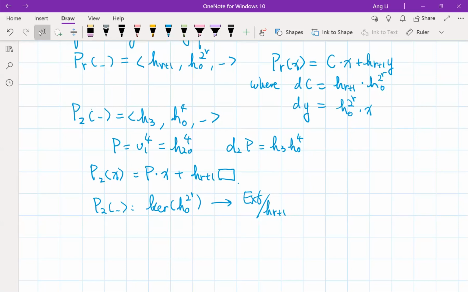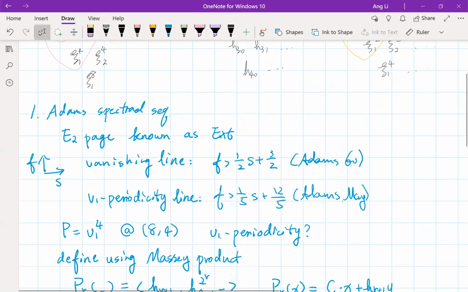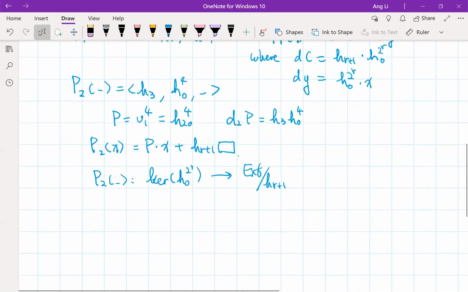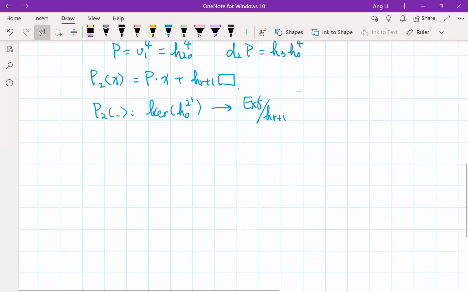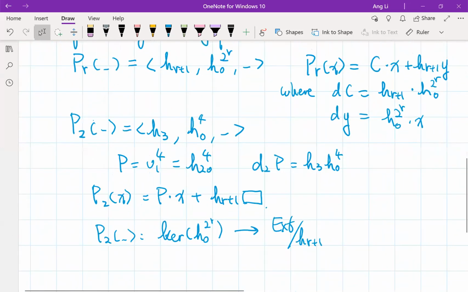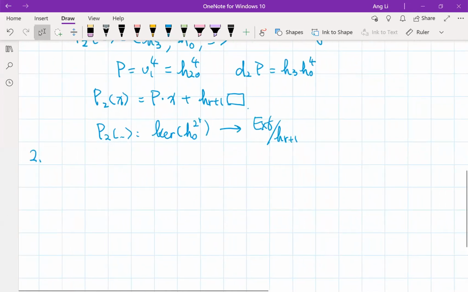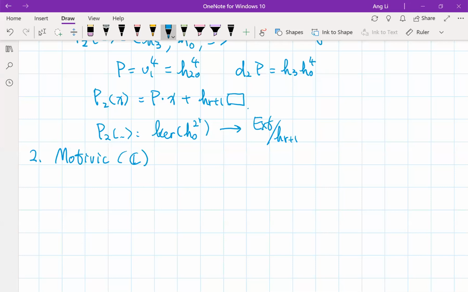All right, so this is the story for classical, and let's come to the motivic. Okay, I don't know why it's zoomed in. So if we talk about the motivic case, throughout the talk we will only consider the complex-motivic. Then the motivic stable homotopy category was introduced by Voevodsky, and I'm not going to step into that.